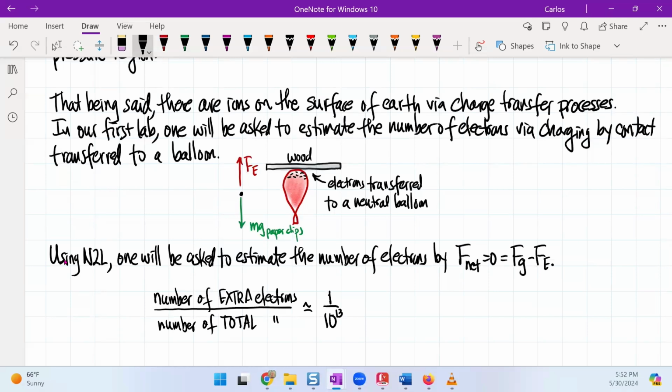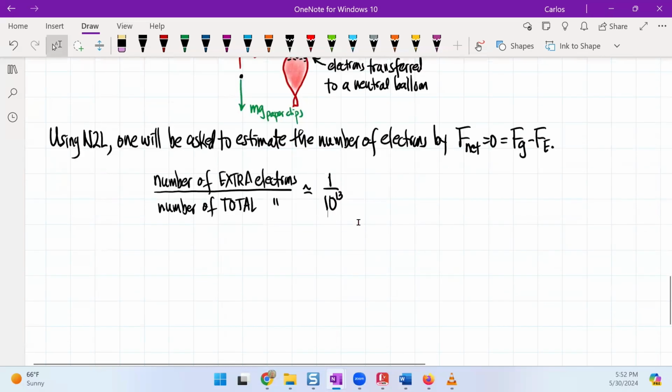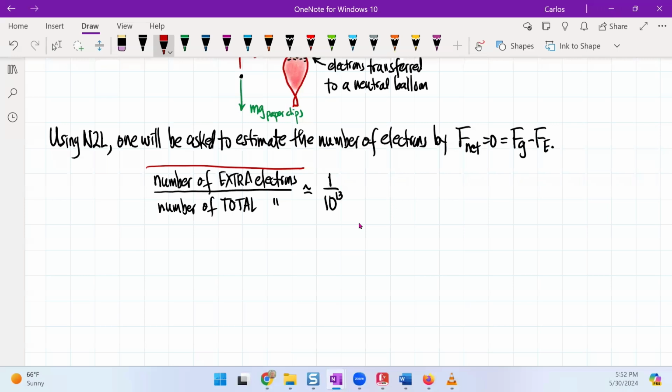And we'll talk about it more in class, but that's about 1 in 10 to the 13. So to get a sense of charge and why the electric force is not really felt, our whole goal here is to get an understanding of what 1 part in 10 to the 13 means.